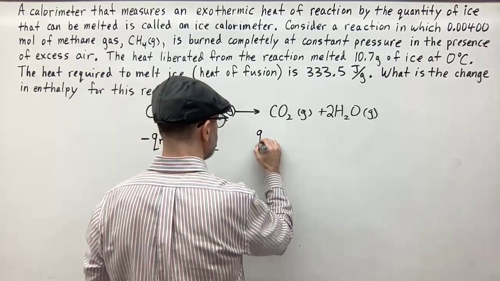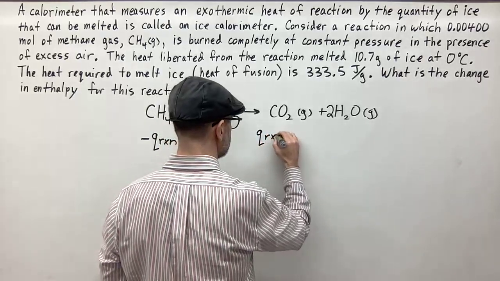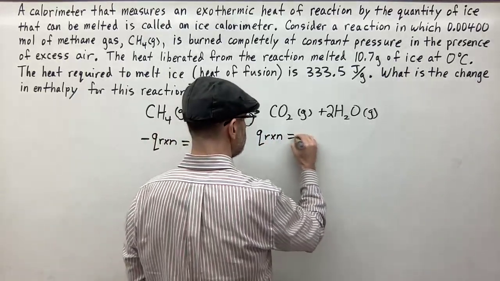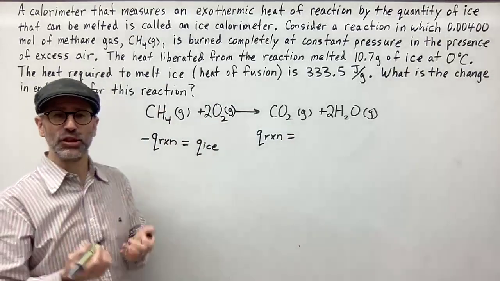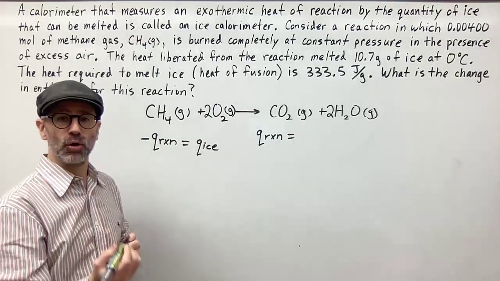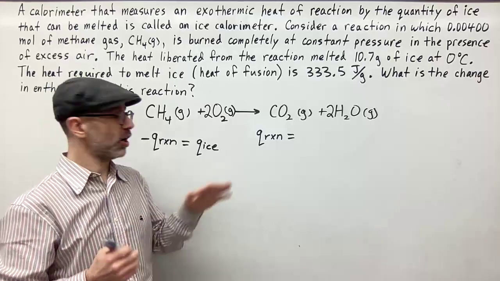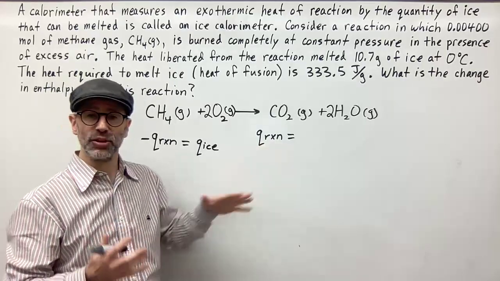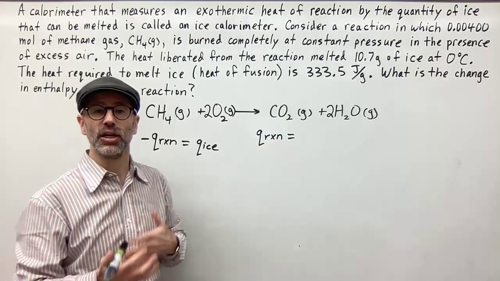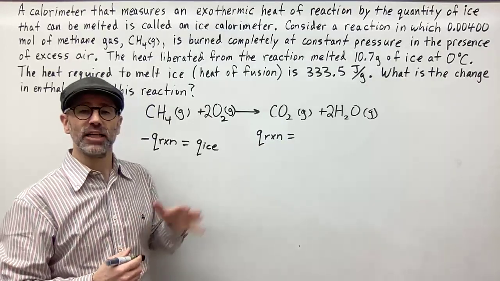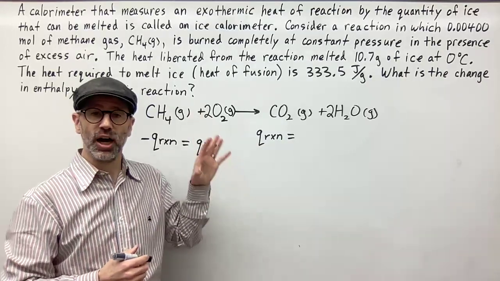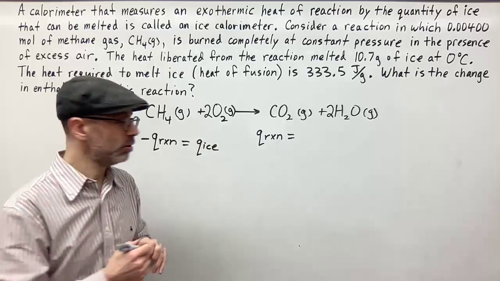So Q of the reaction is going to be equal to the enthalpy of the reaction multiplied by the number of moles. Because normally your enthalpy of the reaction, your delta H of the reaction, is going to be in kilojoules per mole.